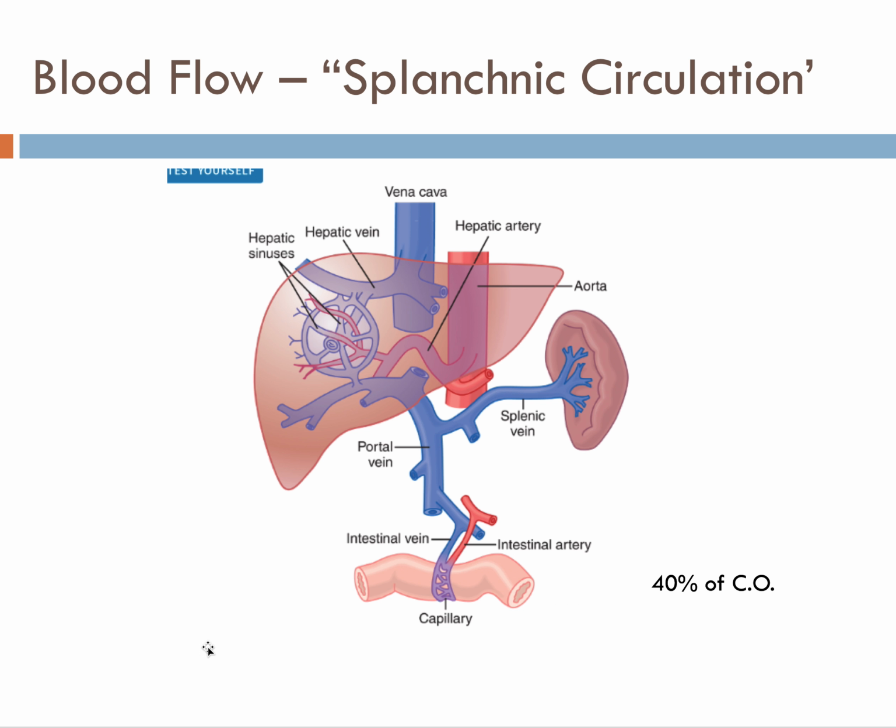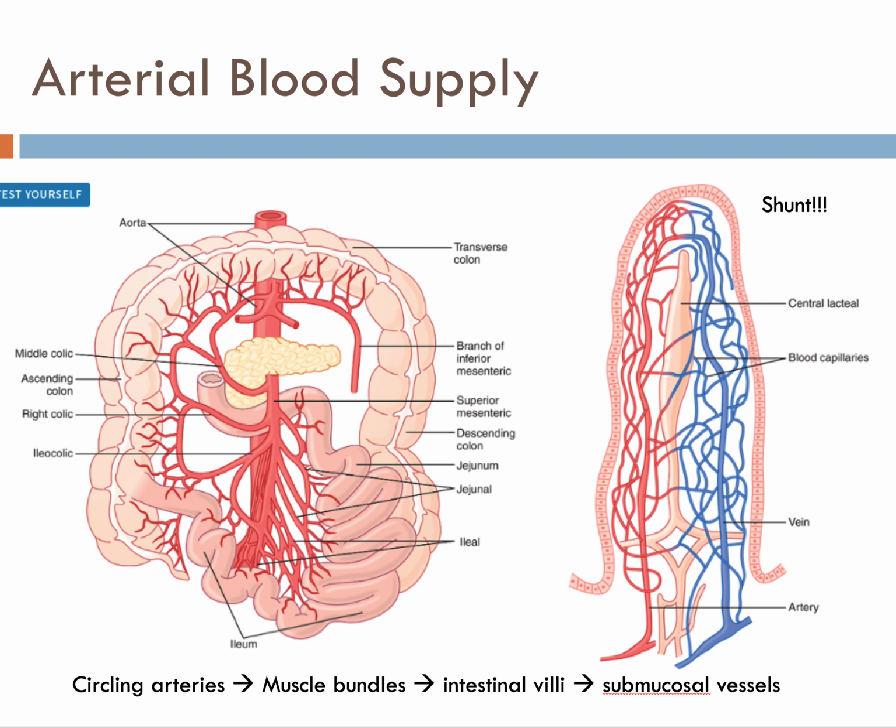So 40% then of cardiac output can be deviated to the skeletal muscle, to the brain, and to the working cells of the lungs so that that person can deal with stress or with exercise. So splanchnic circulation. We'll talk more about the portal vein and its very important role in metabolism when we get to the liver chapter. Okay, here is your arterial blood supply.